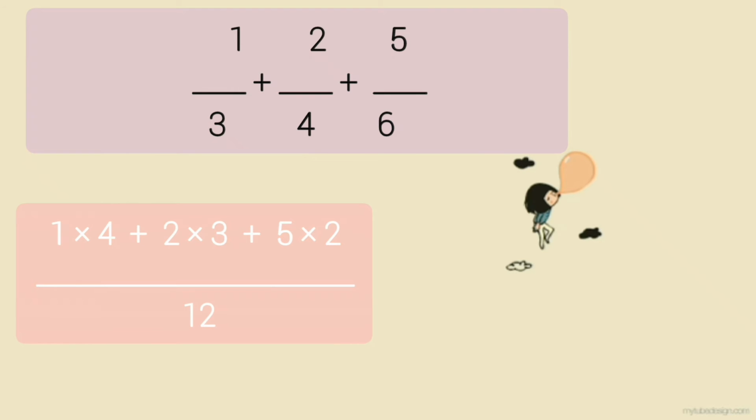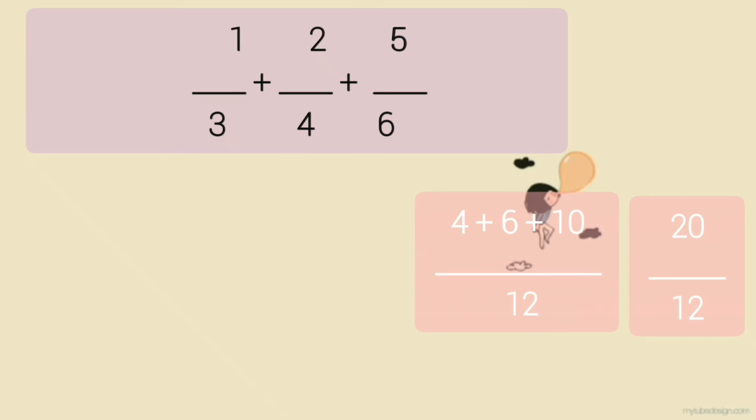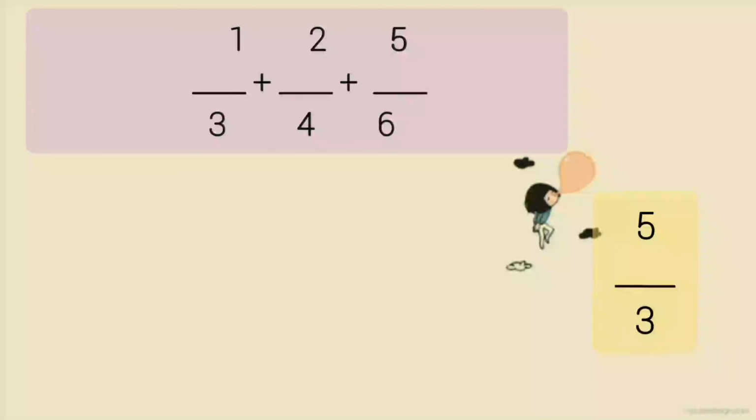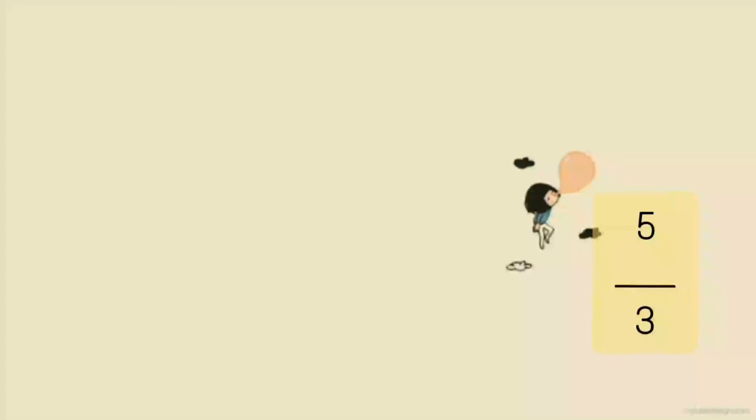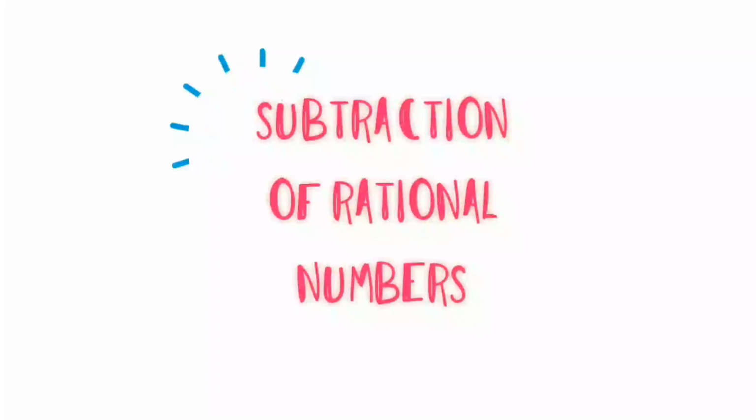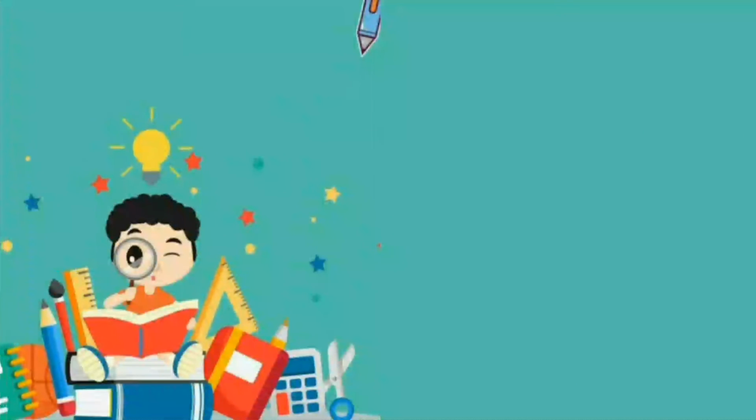When we multiply the denominator 3 with 4, 4 with 3 and 6 with 2, we get the least common multiple, that is 12, and these are the numbers we have to multiply with the numerators. And we get the numbers, and then we add these numbers and get the simplest fraction, that is 5 by 3. This is how we add these three rational numbers.